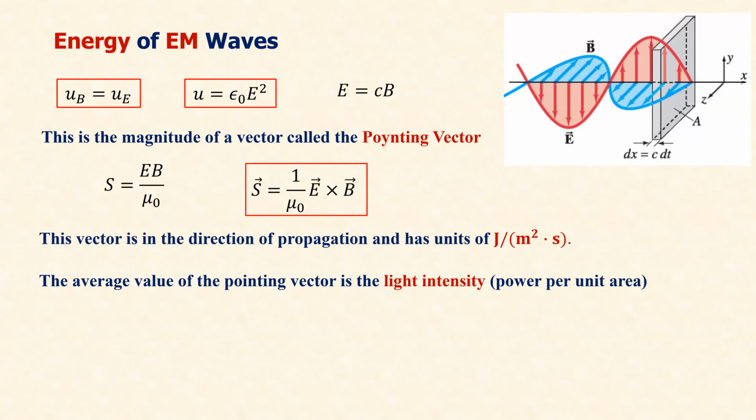So this is repetition. The average value of the Poynting vector is the light intensity, which is the power per unit area, joules per second per unit area.